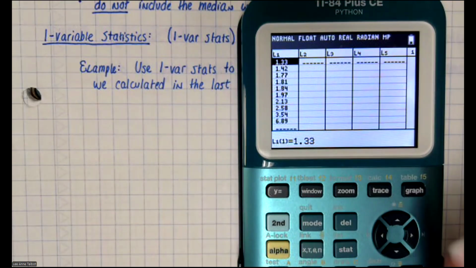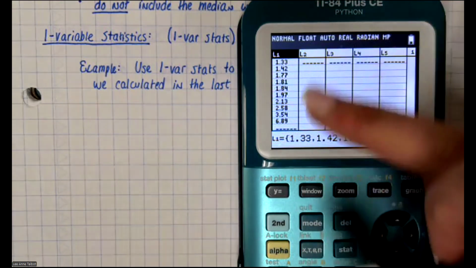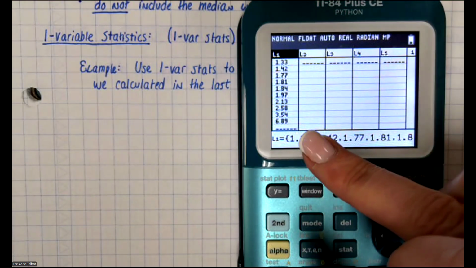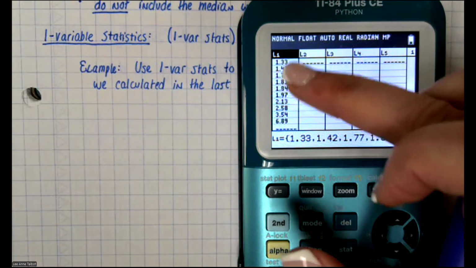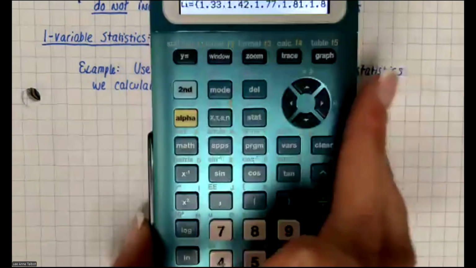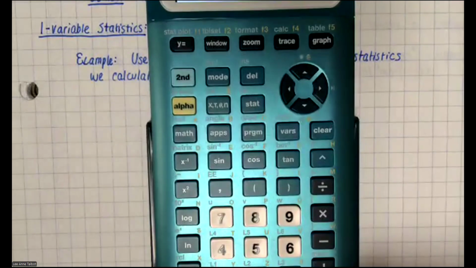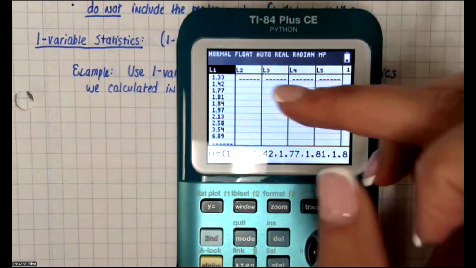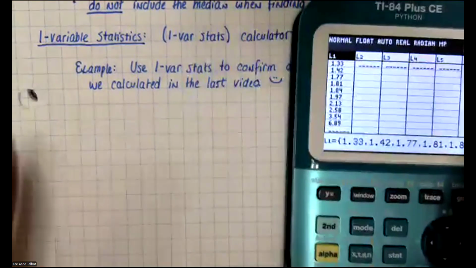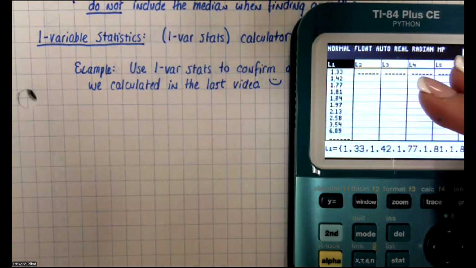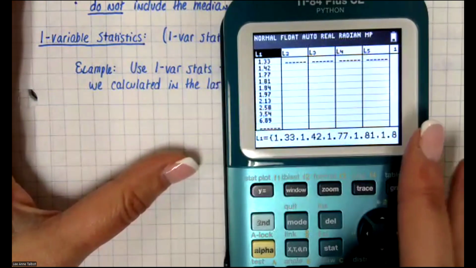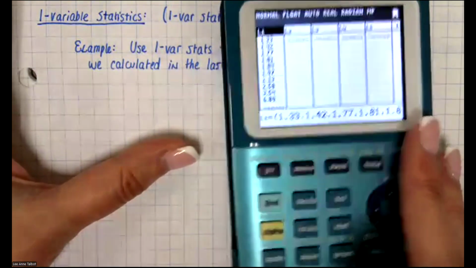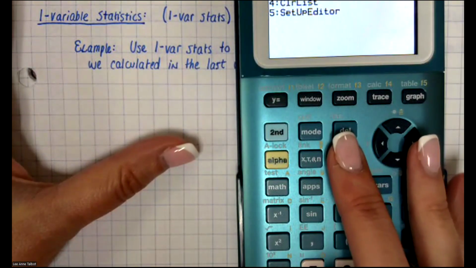And remember, if you want to clear this data set and type in a different data set, scroll up to the top of L1 so that that is highlighted, and then hit Clear, Enter, and you can clear out L1 to type in a new data set. But this is the one that I want. This is the same one from the last video. So you start with typing the numbers that you want into L1. And then you press Stat.